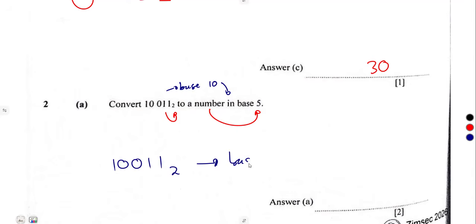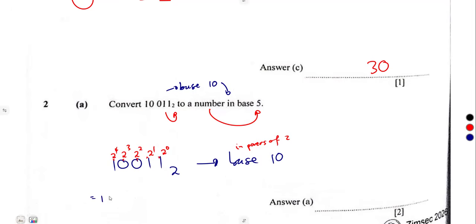So to base 10, we are going to do this by raising this in the powers of the given base. That is the base of 2. So in powers of 2, that's 2 to the power of 0, to the power of 1, to the power of 2, to the power of 3, to the power of 4, each number that you're given. So this is simply a multiplication that you're going to consider.